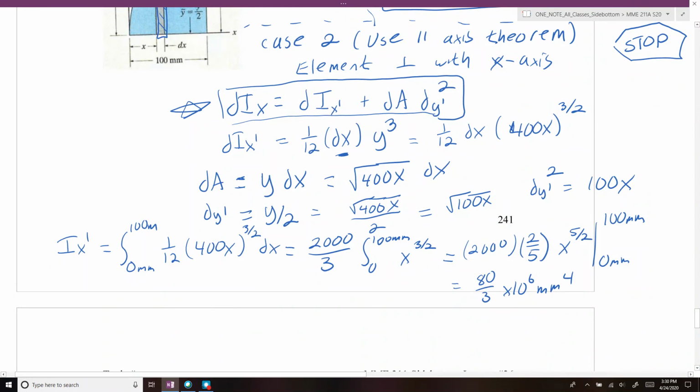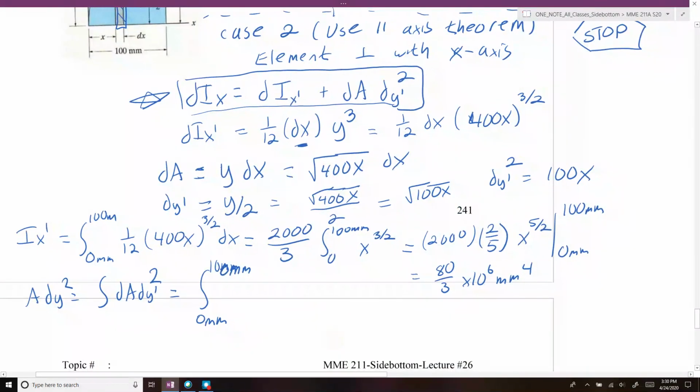We can also solve for the integral of dA dy prime squared, which is equal to the integral from 0 to 100 millimeters of the square root of 400x dx times 100x.